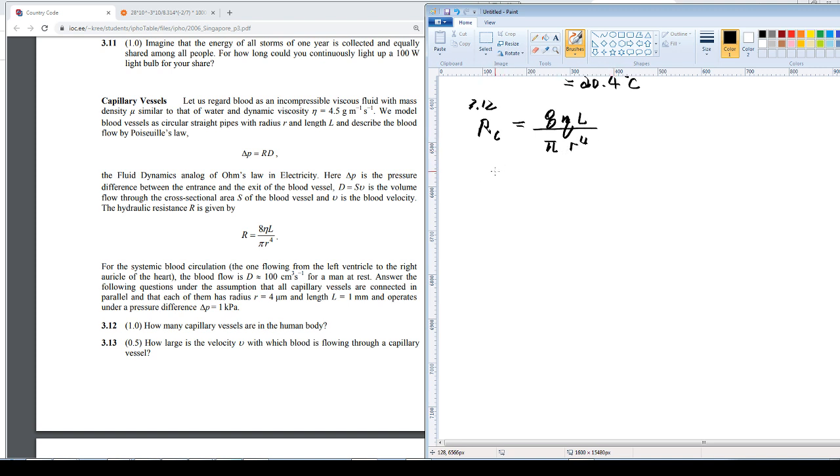And we can also calculate the resistance of, maybe, the heart, left to the right. And then through analogy with circuitry, we can say that it must be the resistance of a single capillary vessel over the resistance of the entire flow.